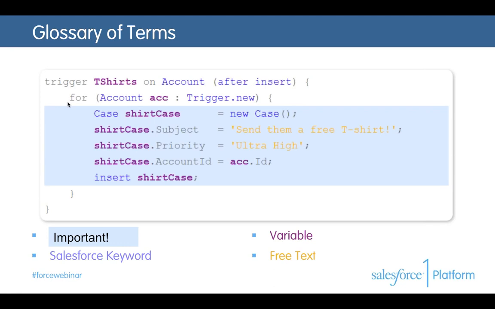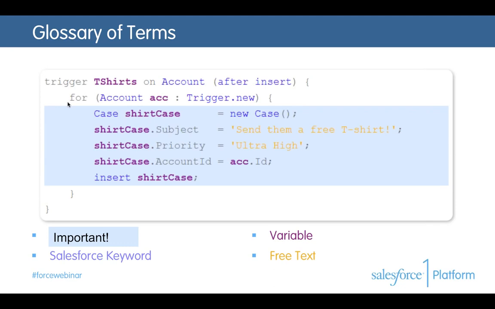What this line is saying is, for every account in this trigger, do all the lines of code inside the brackets. For every account, we are naming it acc. That's a temporary variable that we're creating in this trigger. Then, using that temporary variable, we create one case per account. So hopefully that answers your question.